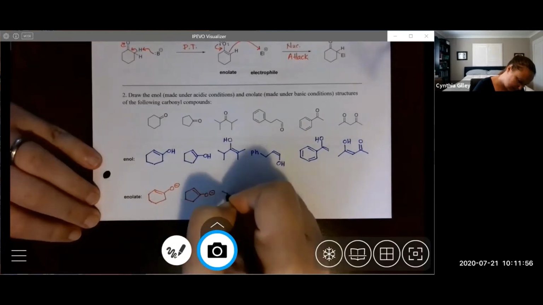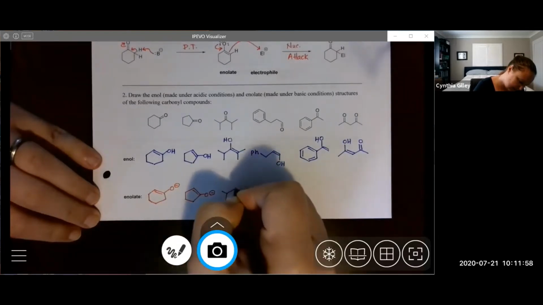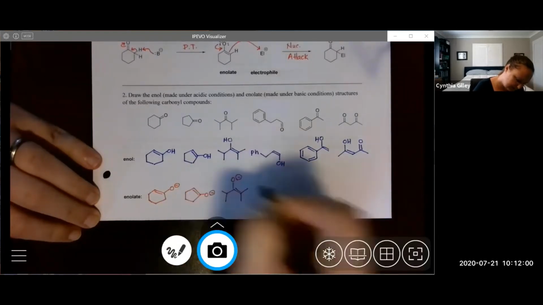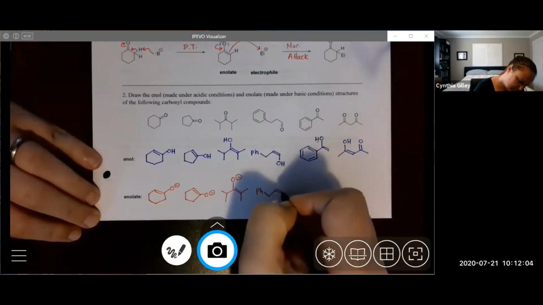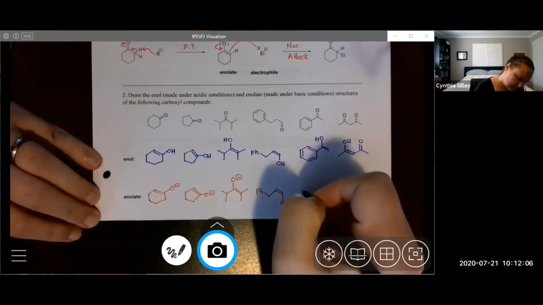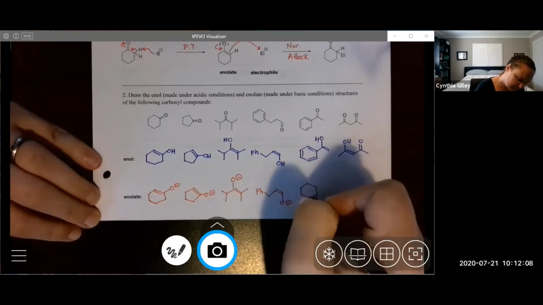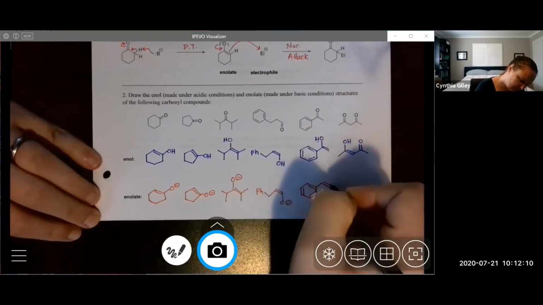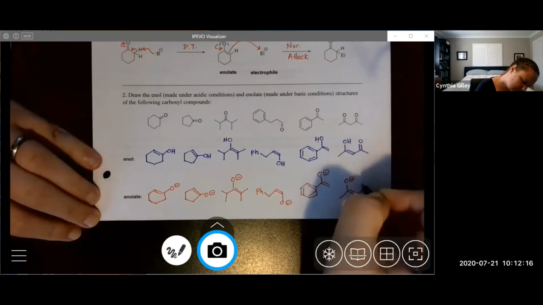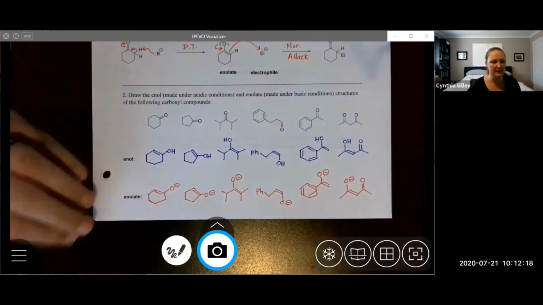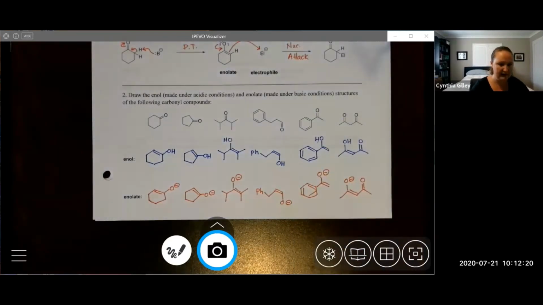So we can just draw same thing we had before with an O minus. Okay, so those are the enolate structures.